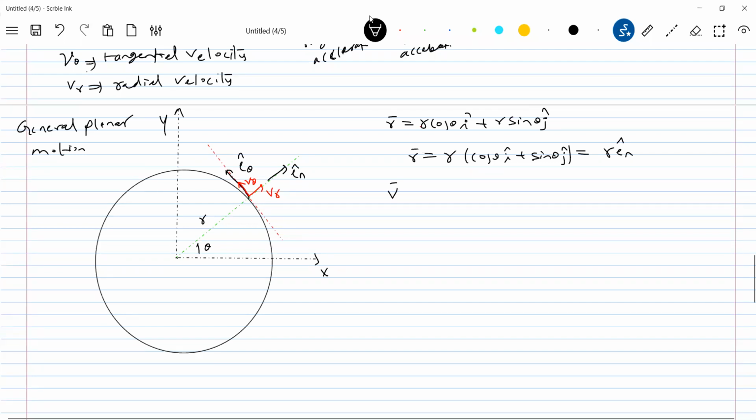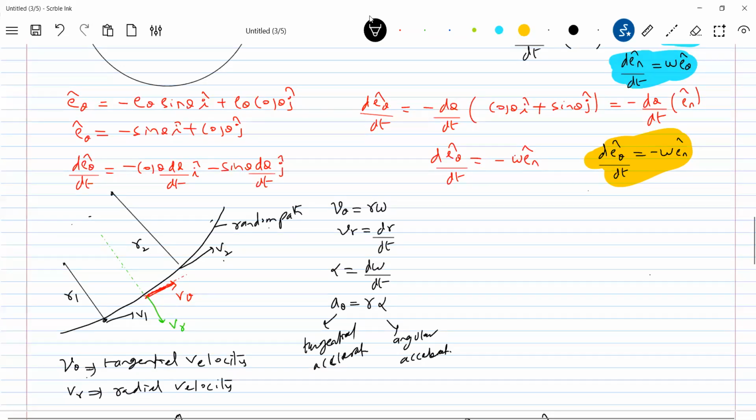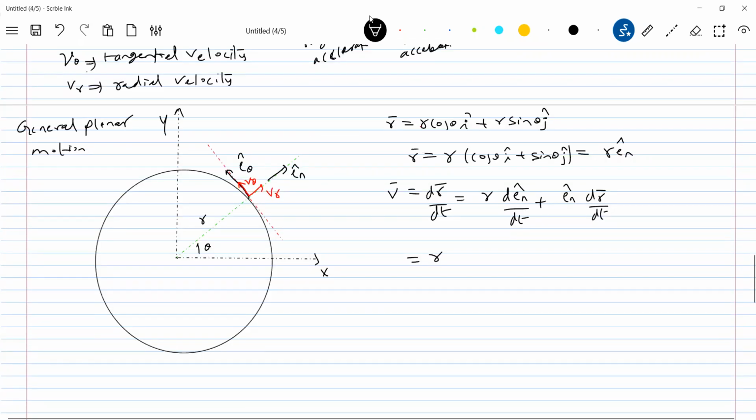V bar equal to dr bar by dt. Let both R as well as theta be variable. So this will be R into dEn cap by dt, plus En cap dr by dt. What is dEn cap by dt? I told you, no? This will be omega E theta cap. Okay, fine. So I'll write down the conclusion, what we concluded earlier.